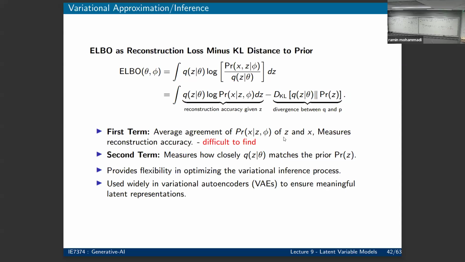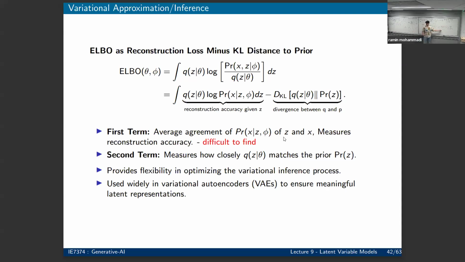On the other end, the first term technically means reconstruction accuracy. You want the ELBO to be maximum, correct? You have one term minus another term.